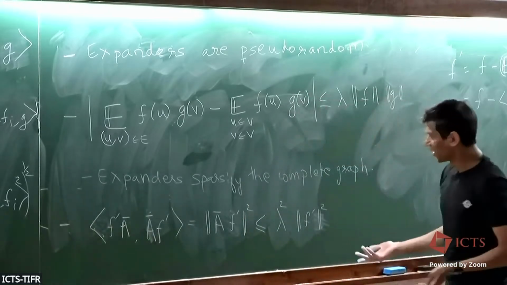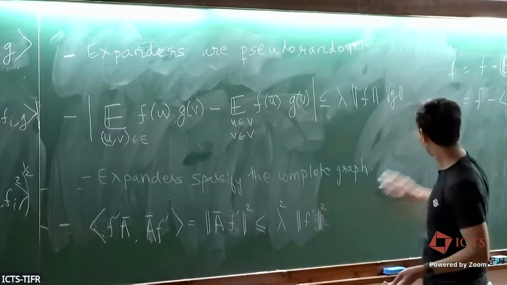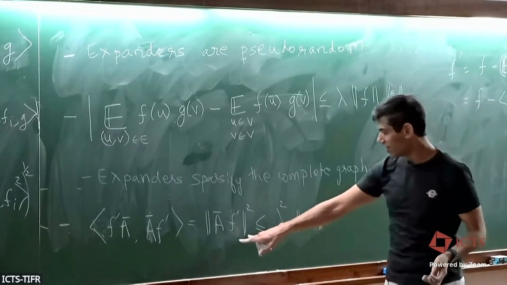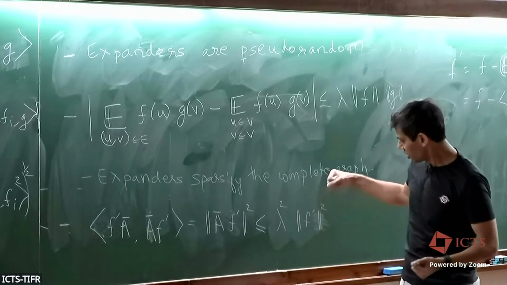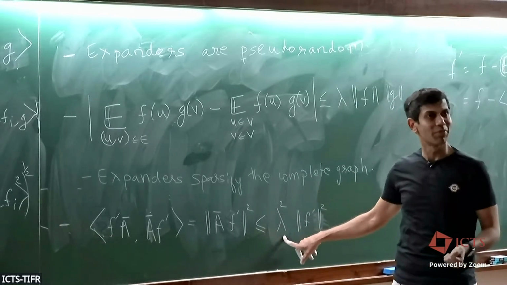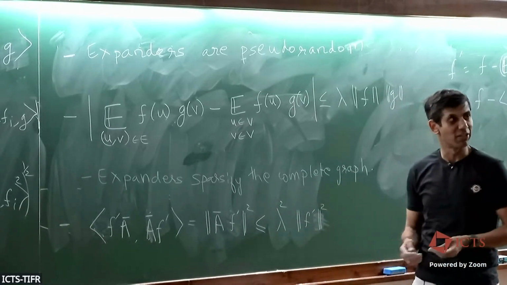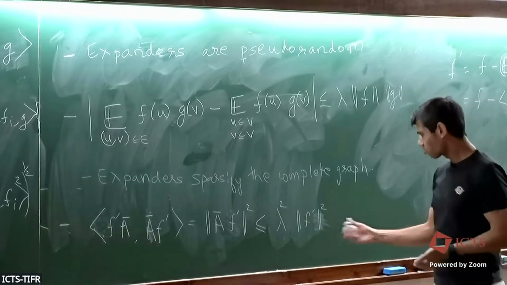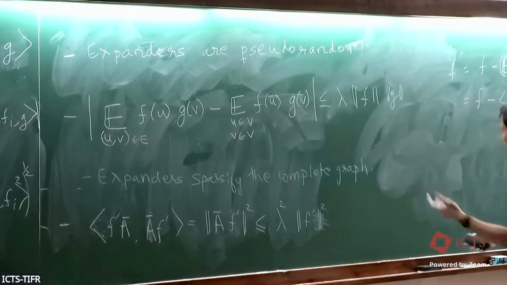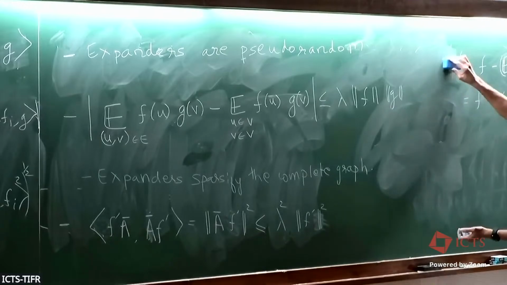This is just saying that f prime is orthogonal to the all ones vector. We have just subtracted that component. And in all the other directions, the length shrinks by at least a factor of lambda, just because that's the second eigenvalue. But this version has a nice interpretation, which is the following.